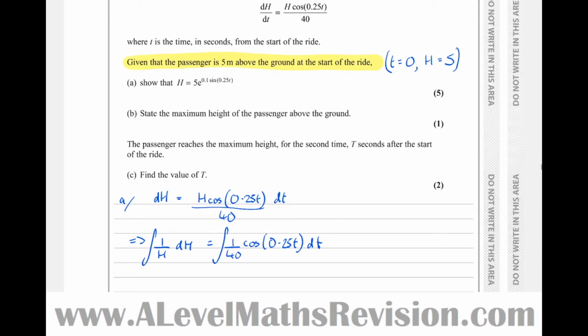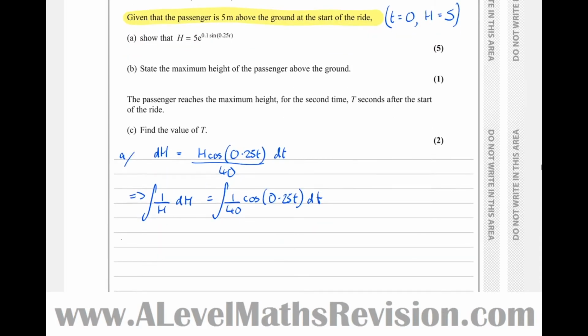We've got the integral of 1 over h dh and the integral of the t's dt. So that implies that log mod of h equals, and then the integral of cos is sine 0.25t.